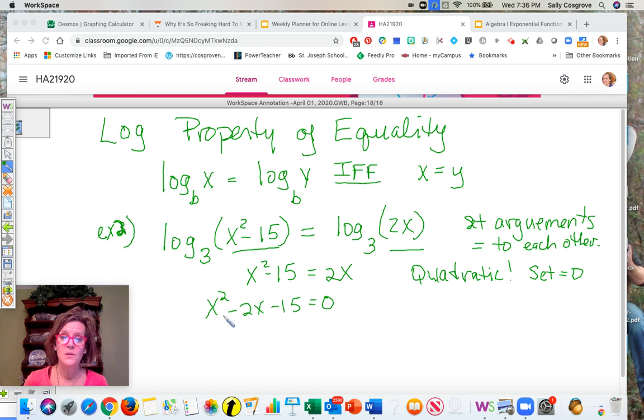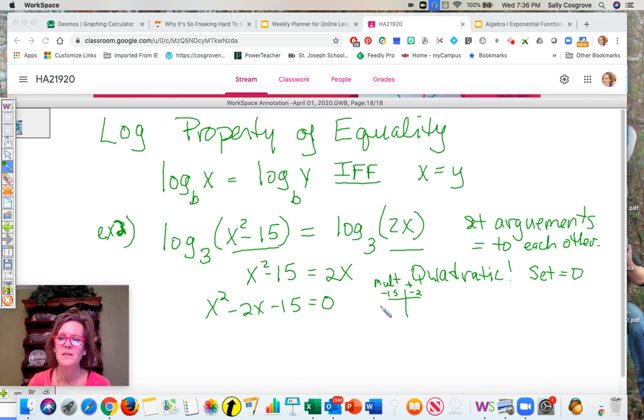Yay. So now we do what? What we learned in Algebra 1. Hey, what multiplies to give AC, in this case just negative 15, and adds to give negative 2, right? But multiplies to give negative 15 and adds to give negative 2.